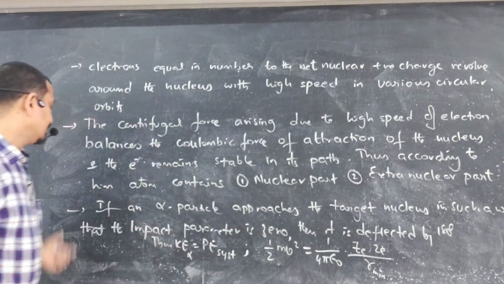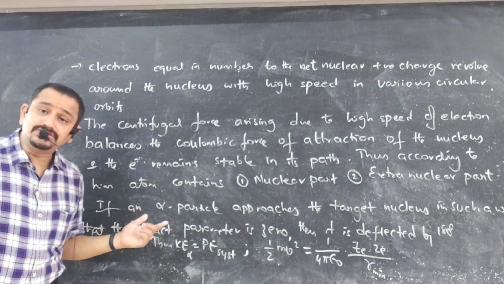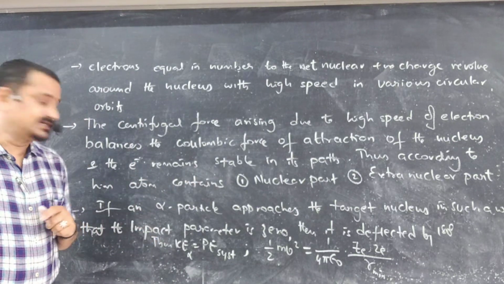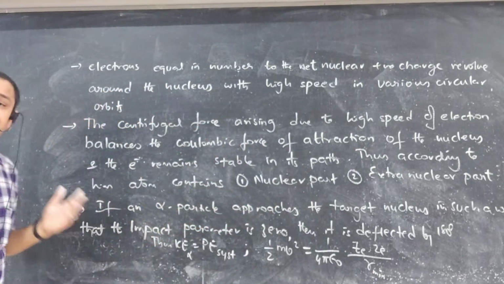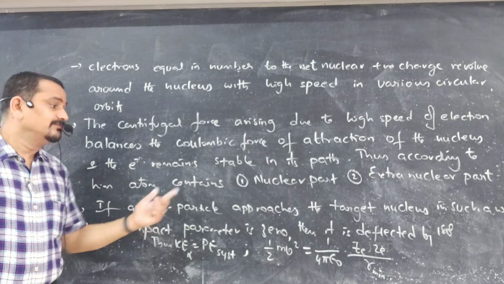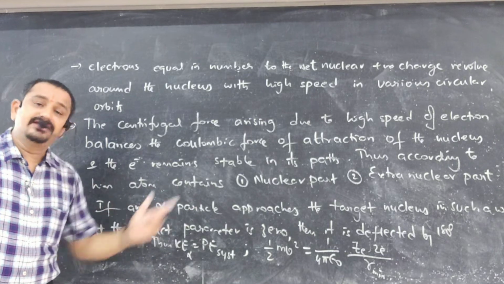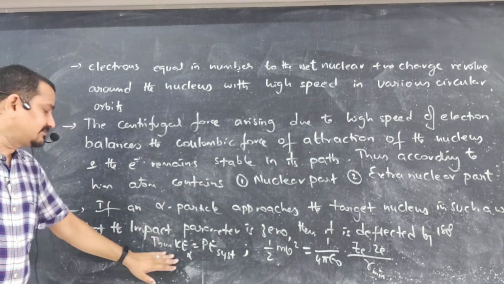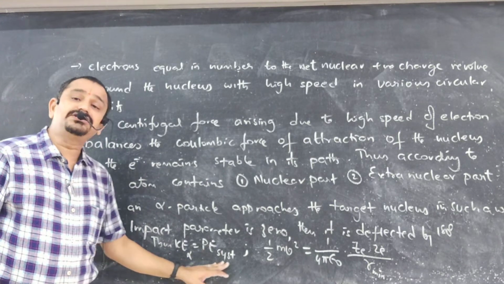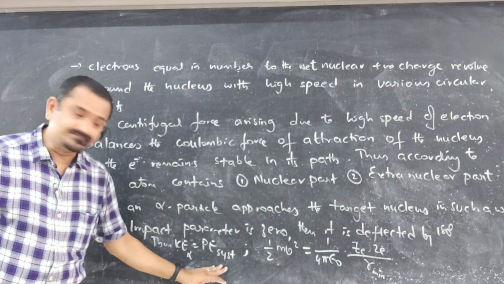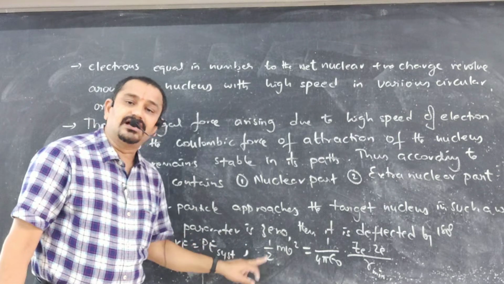If an alpha particle approaches the target nucleus in such a way that the impact parameter is 0, then it is deflected by 180 degrees. At that moment, the kinetic energy of the alpha particle will be equal to the potential energy of the system. Kinetic energy of the particle is half mv square.